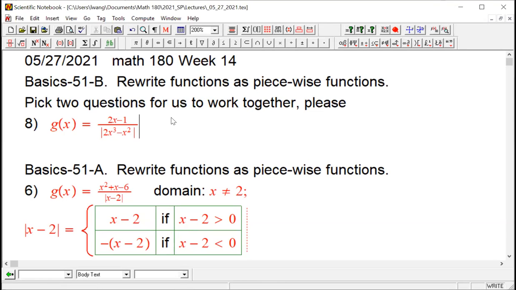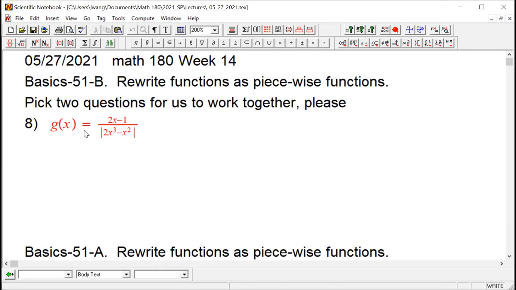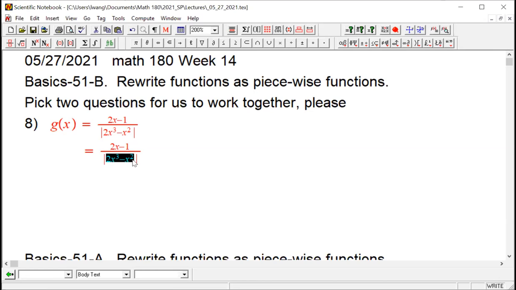Okay, so we might notice that over here in the denominator, we can factor out the x squared. Can we? We can factor out the x squared. So this will become 2x minus 1. And then what?